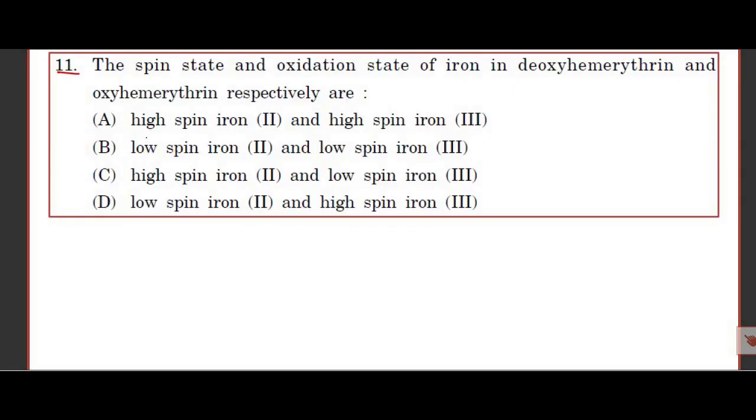Question number 11. The spin state and oxidation state of iron in deoxyhemerythrin and oxyhemerythrin respectively. You see, Fe2 plus in oxy will give Fe3 plus, HO2 minus.